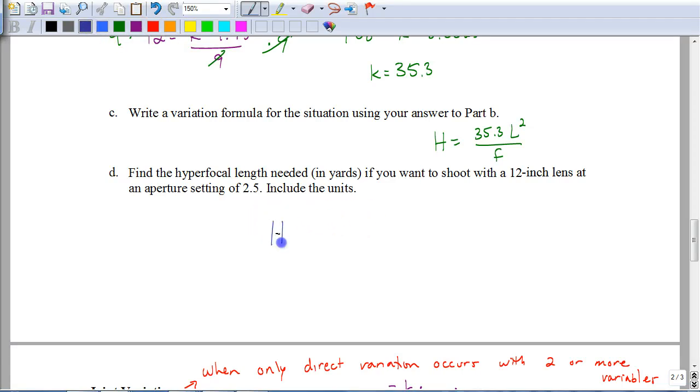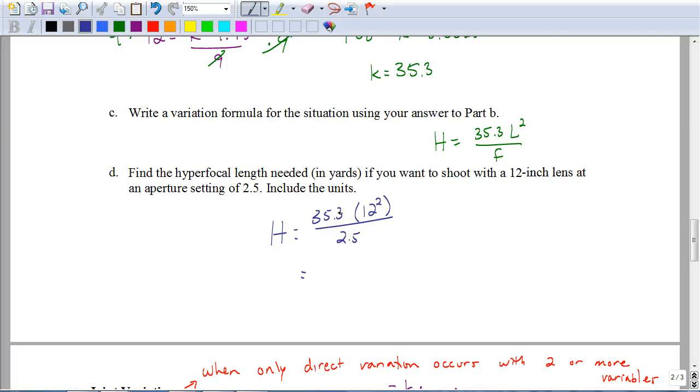So it's going to be h equals 35.3 times the length, which is 12 squared, all divided by 2.5. Again, you want to make sure you do this correctly on your calculator. If you don't have a CAS calculator, you'll want to take 35.3 times 12 squared, and then hit enter, and then hit divide by 2.5.